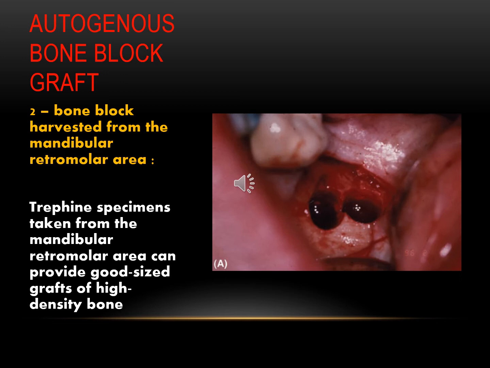The way of harvesting the bone graft is through trephine drills. The retromolar area can provide a good sized graft of high density bone because it's taken from the mandible, which is dense bone.